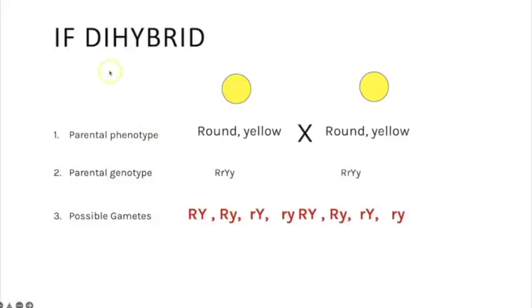So if we go back to the dihybrid example where we said we have 2 parents that are both heterozygous, we said these were all the possible gametes that could be made.